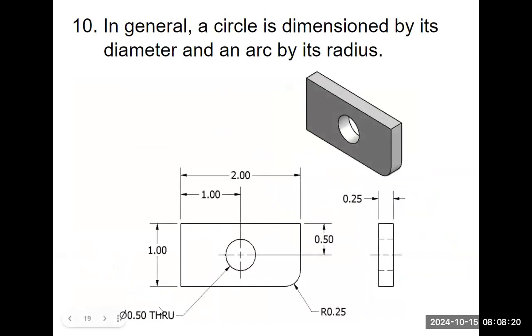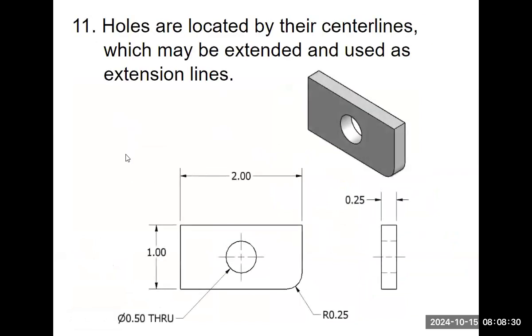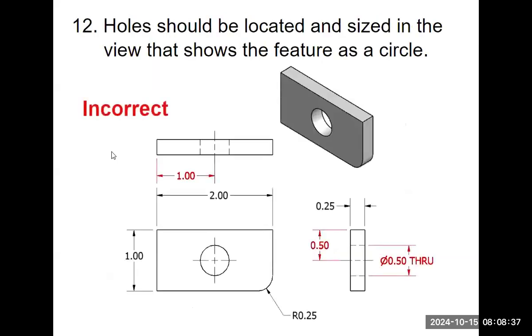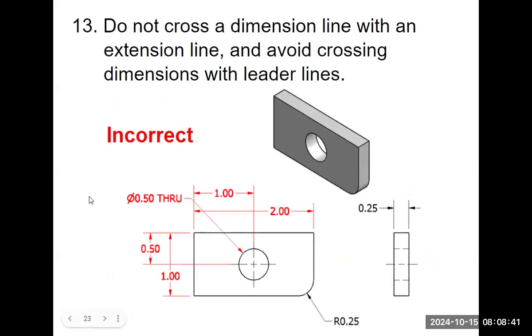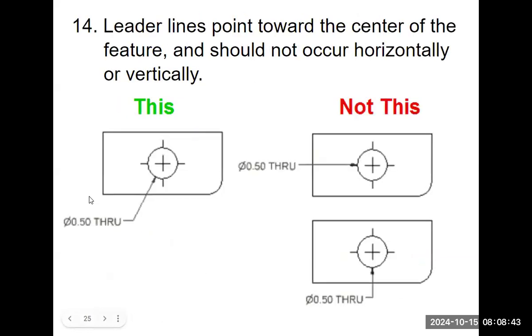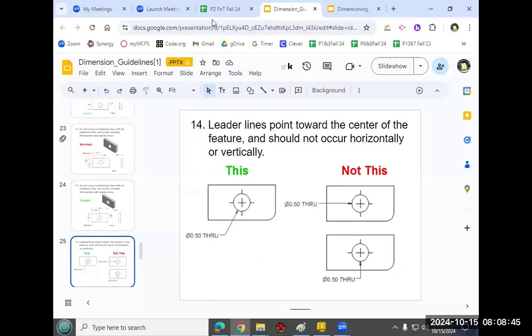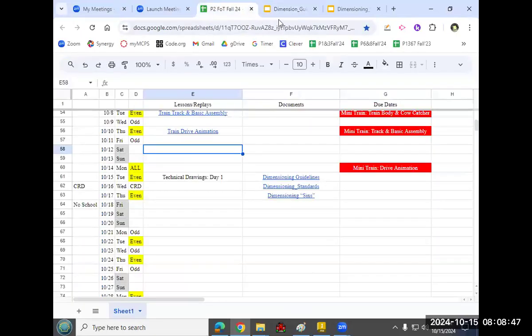Okay, circles by diameter, arcs by their radius, and that is done automatically in Inventor, so that's nice. And center points, size and location. We'll get to this more. Dimensions where it looks like a circle, and that goes back to the idea of dimensioning where it's a contour, and we're not terribly concerned about all that circle stuff.